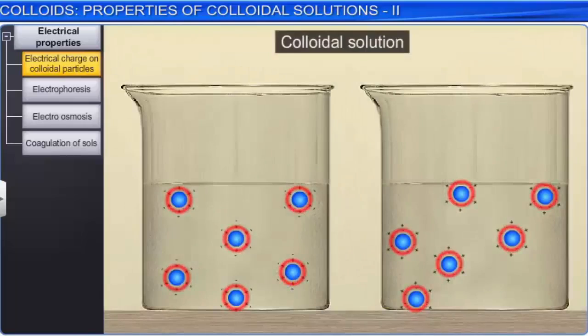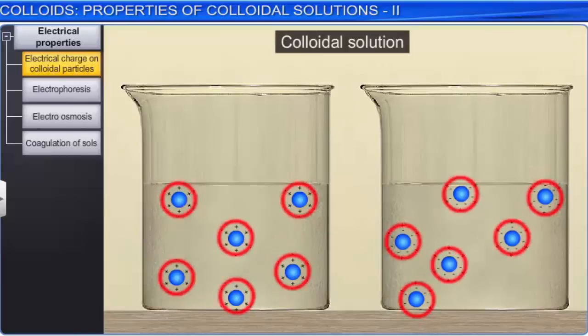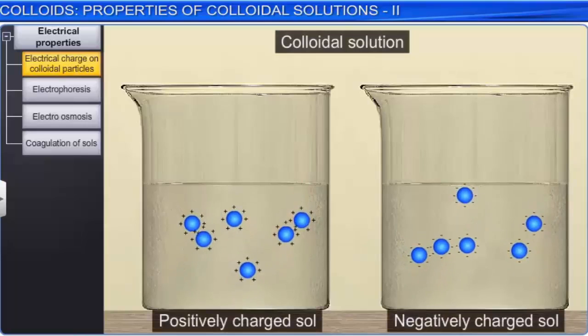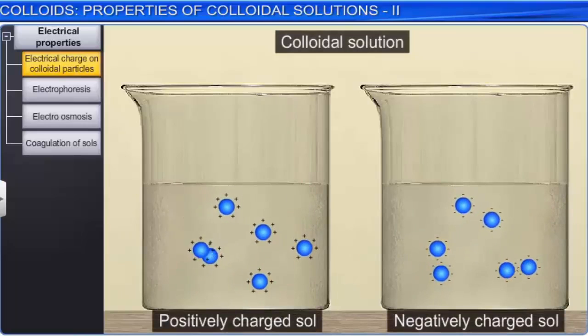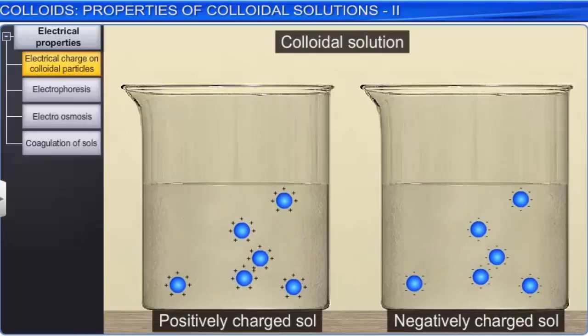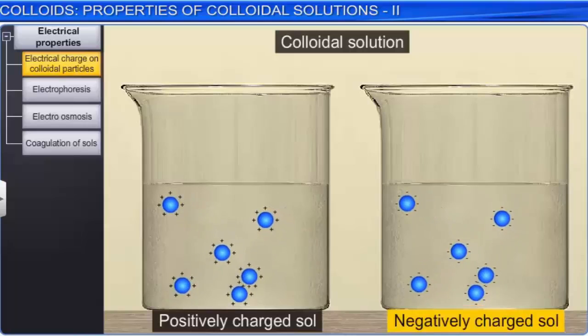All the particles in a solution carry the same charge. The dispersion medium has an equal and opposite charge. Based on the nature of the charge on the colloidal particles, colloidal solutions are classified as positively charged or negatively charged sols.